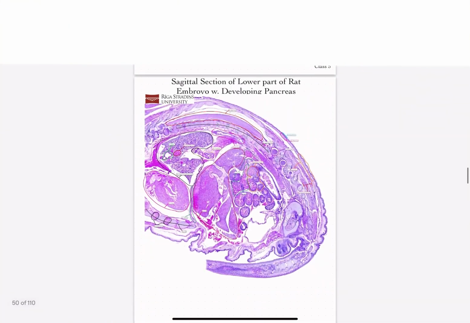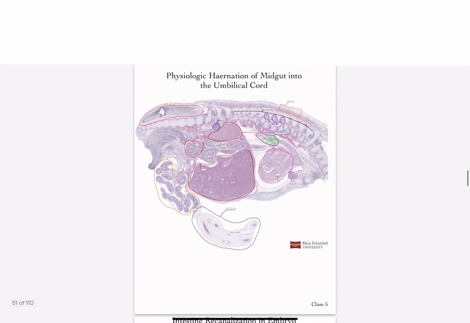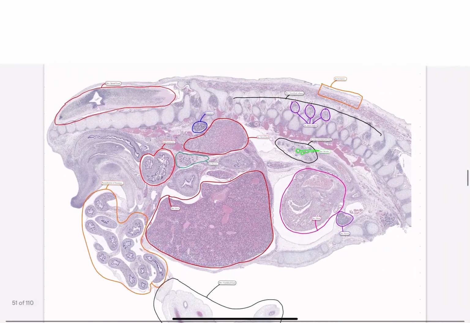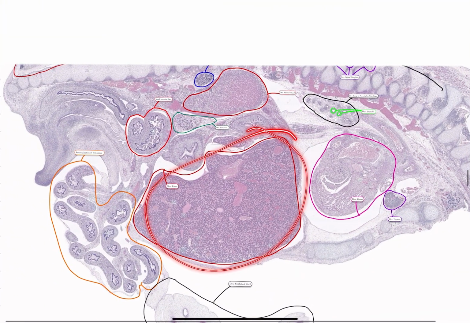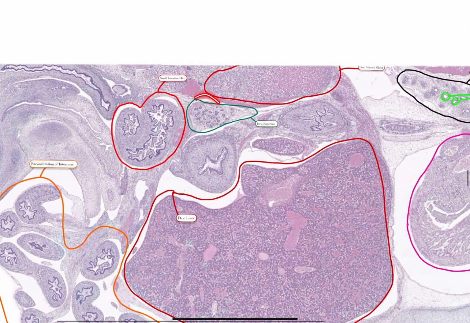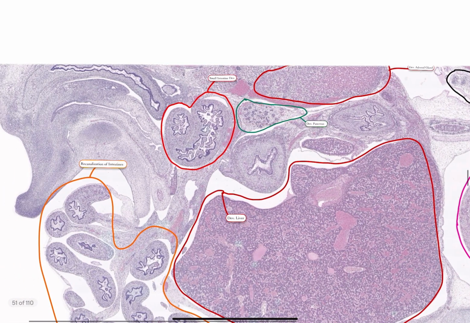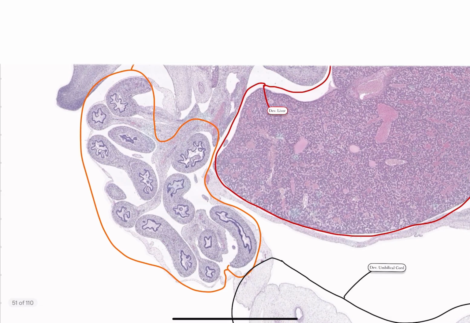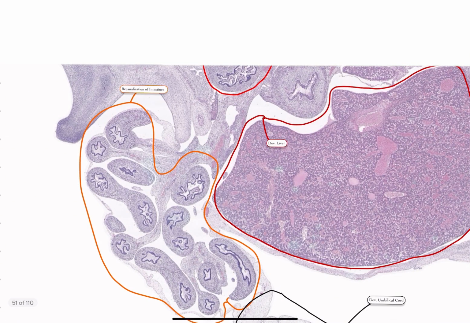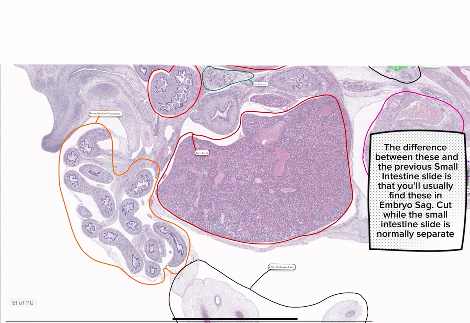But let's talk about what other structures might still be in regards to the embryo and sagittal cut. Now here we see, like I said, the liver in the abdomen. We can also see the developing pancreas here, and we see the small intestine development. Now there are other parts of the intestines that we will also see within the abdomen.